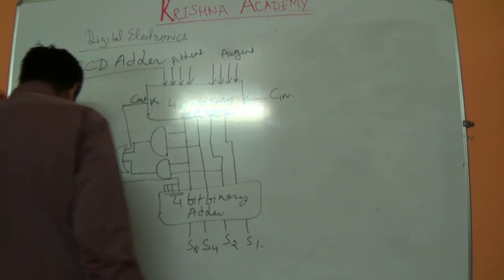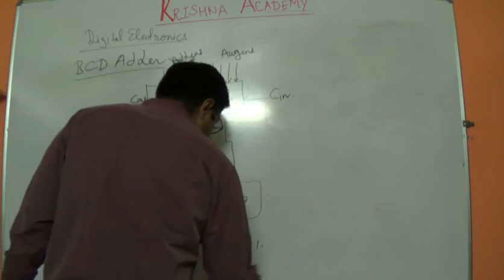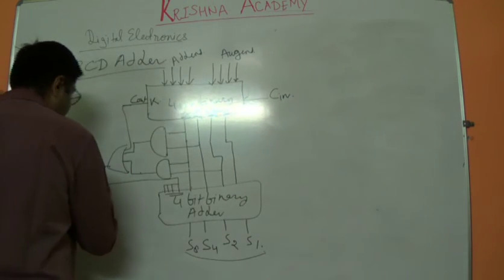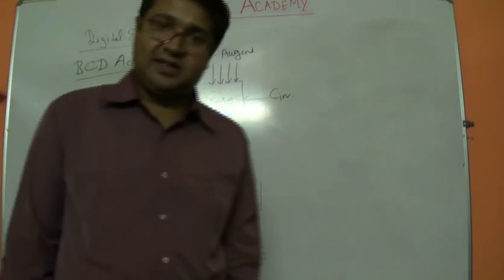As we know, it is 4 bits. 4 bits came from this one, 4 bits came from this one, and this will be the final output. This will be the output carry, and this will be the output sum of the BCD adder circuit.